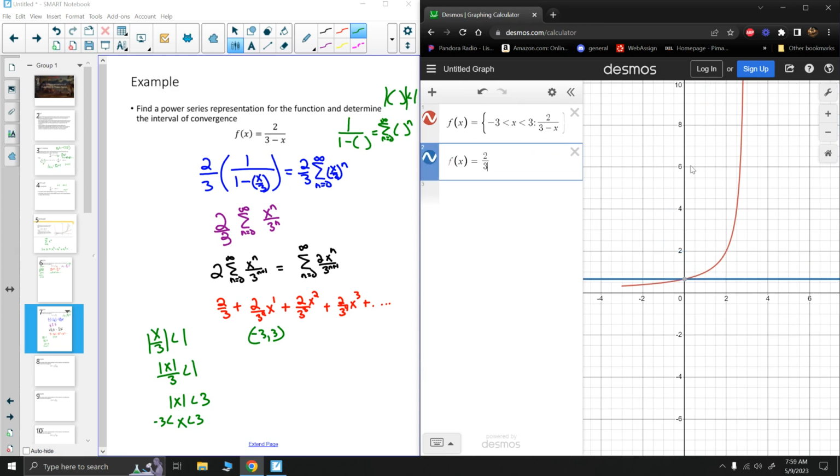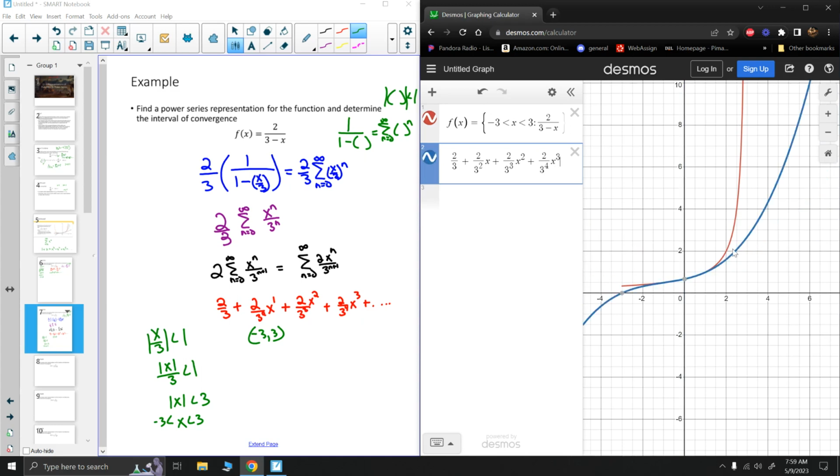So we're saying it's 2/3 plus 2 over 3 squared x plus 2 over 3 cubed x squared plus 2 over 3 to the 4th x cubed.